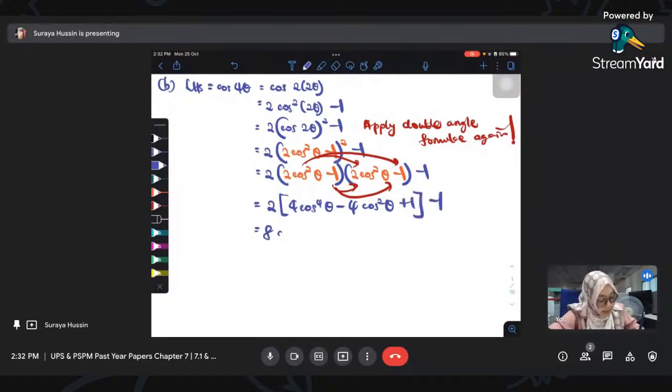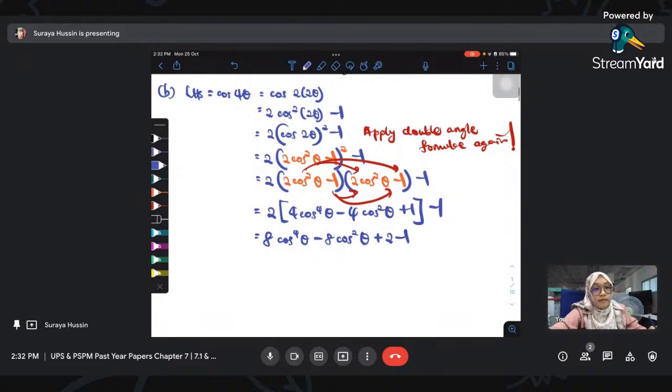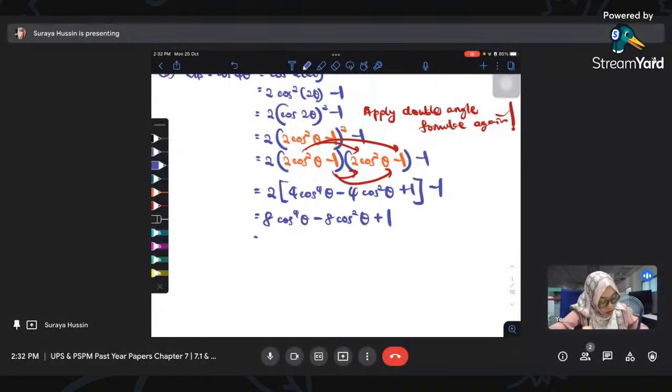See, berjumpa dengan 8 cos to the power 4 theta minus 8 cos squared theta plus 2 minus 1, which means just plus 1. Boleh tak saya terus tulis jawapan plus 1, which this is equal to the right hand side. And so shown. Nah, itulah maksud saya.